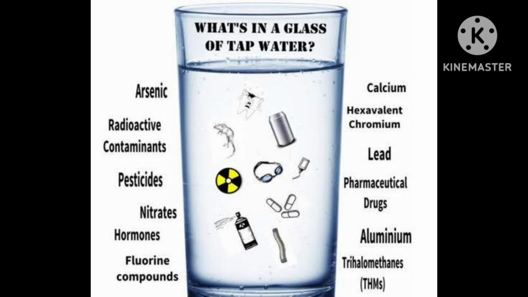Zinc is also required. Copper and zinc make our immune system very strong. If any foreign virus and bacteria attack you, like we have seen with corona, they will kill them very easily.